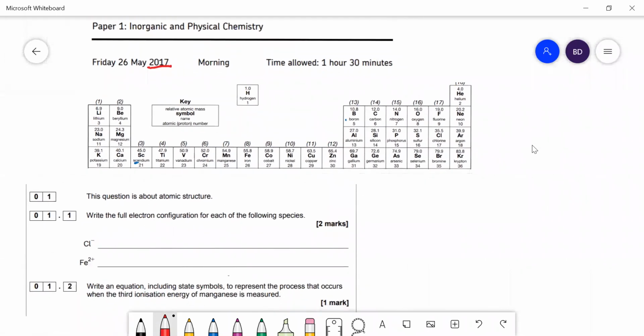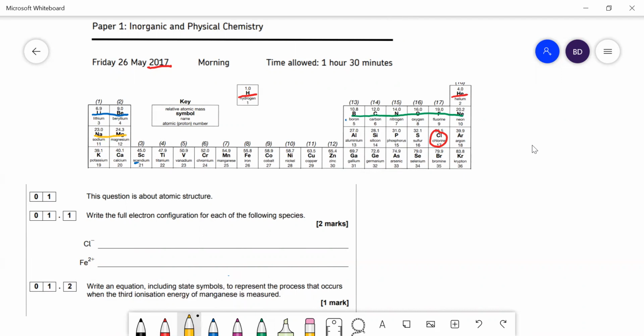So I've got the periodic table there. The full electron configuration for each of the following species: chlorine. Okay, so chlorine, we've got here, obviously in the periodic table. So we've got a full 1s shell, that's full up. We've got a full 2s. We've got a full 2p. We've got a full 3s.